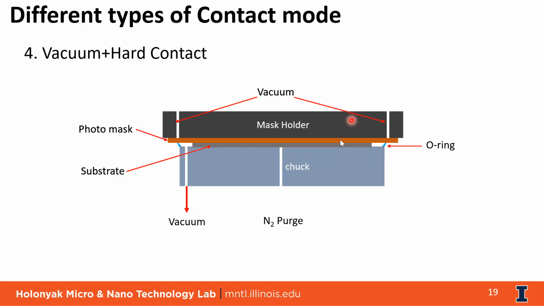So yes, too much pre-bake has a negative impact on the development. What will happen is when you bake it for too long or at a higher temperature, your photoresist will be completely dried off of solvent, which will make the photoresist very hard to dissolve in your developer.